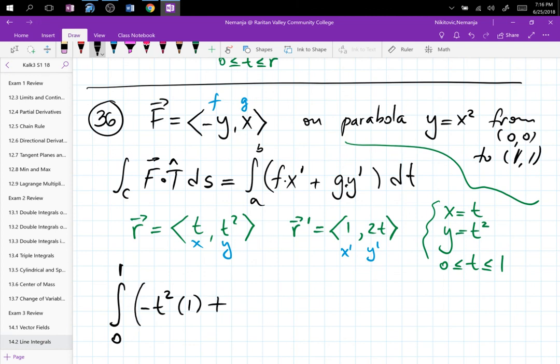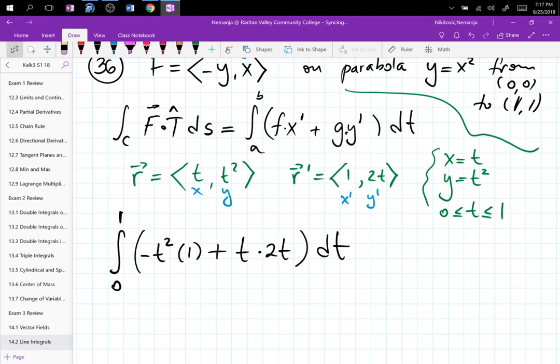Plus g. Great. Where's g? g is here, g is x, and x is t. Nice. So that's just t times, and now I need y prime. y prime is here. So that's 2t. And then we have dt.